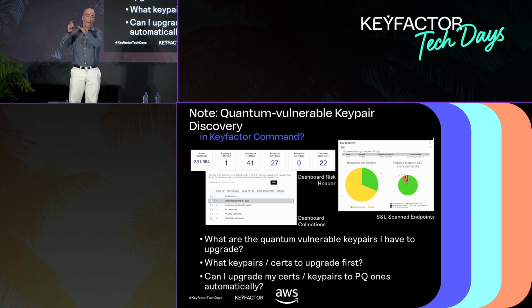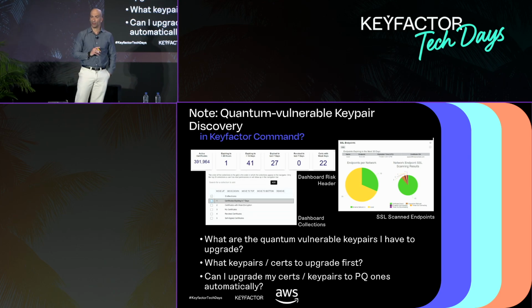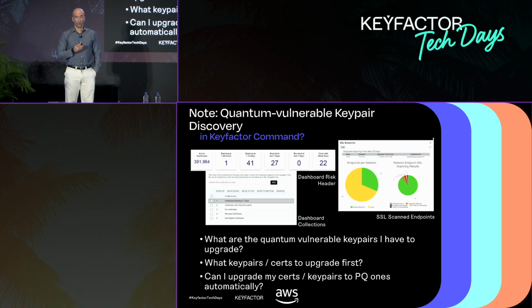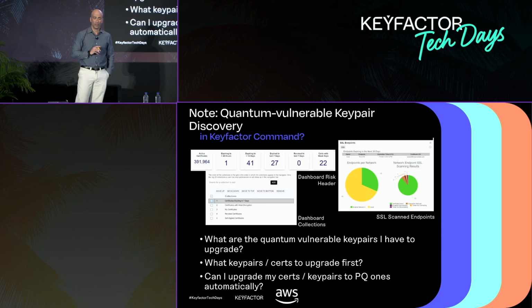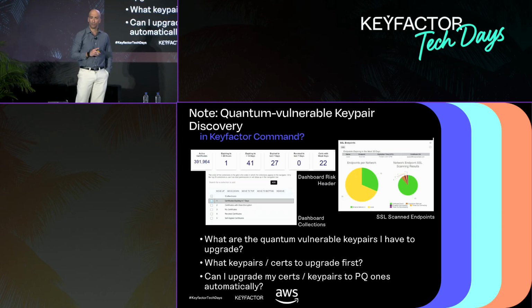Will it have a tile there that tells me these are the quantum vulnerable keys or certificates I need to upgrade, or the SSL scanner that's available in Command, or the dashboard collections that gives me the risks, or the risk assessment that Ted was talking about earlier.